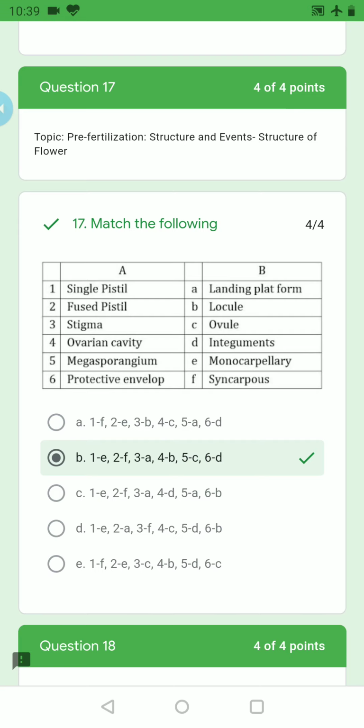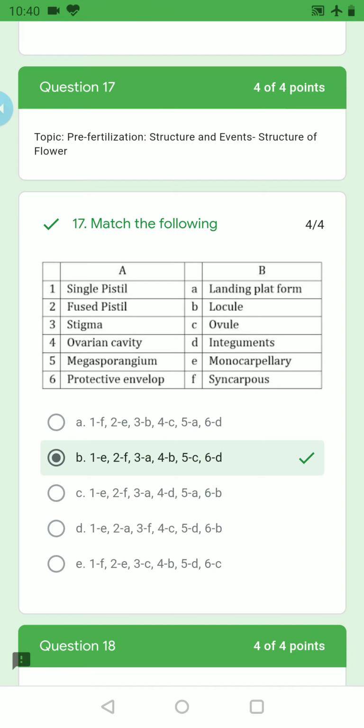A items are nothing but the types of pistils, and B is matched to them. Let me explain with an example. In option A, the first one they have given is a single pistil. Single means one, that is mono, so the type of pistil is monocarpellary.